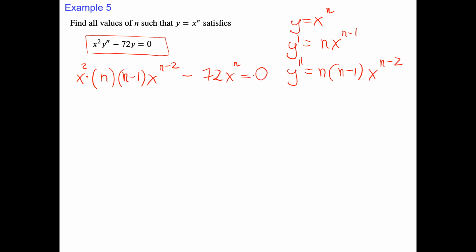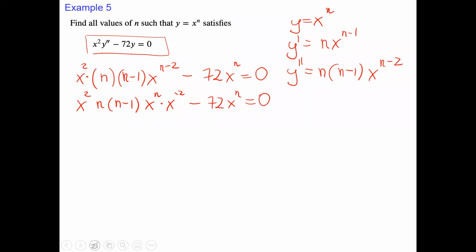We have x squared. Let's keep this for now, and this will be x to the power of n times x to the power of negative 2.